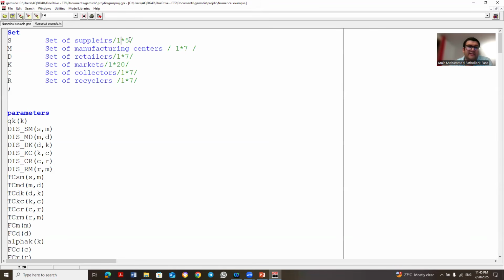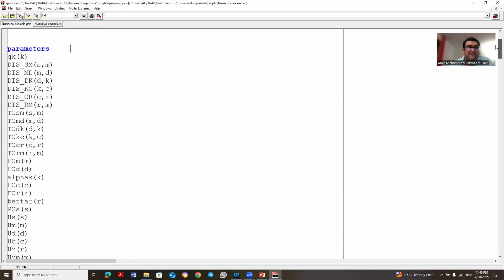And here's a numerical example that shows the number of suppliers, the number of potential sites for manufacturing centers, retailers, the number of market demands, and also collection centers and recycling centers.